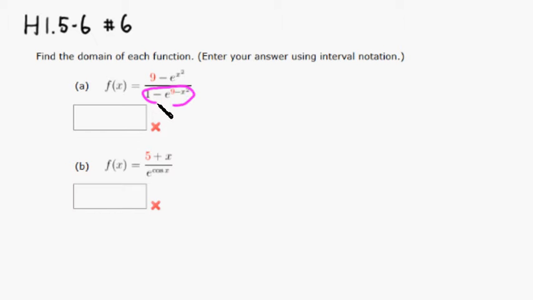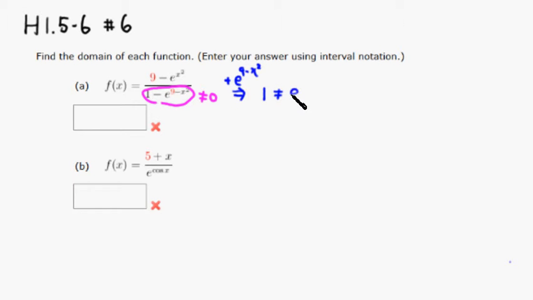So this guy cannot be equal to 0. Maybe I'll add e to the 9 minus x squared to both sides. Then that way 1 is not equal to, right? So that cancels out.